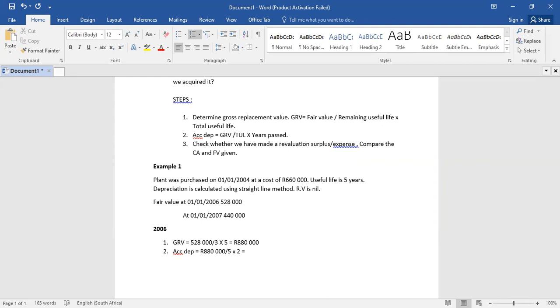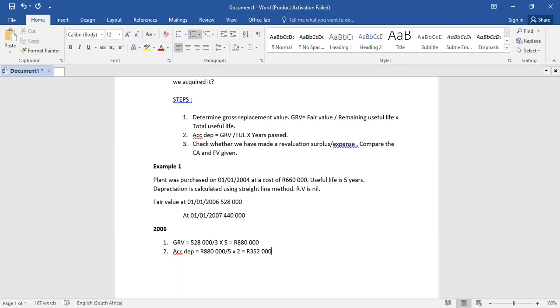How much? 352,000. The accumulated depreciation was going to be 352,000. Go back to your assets list, still taking 880,000.